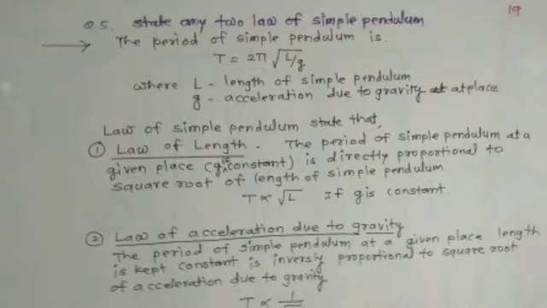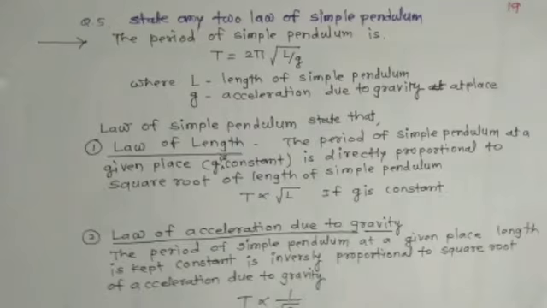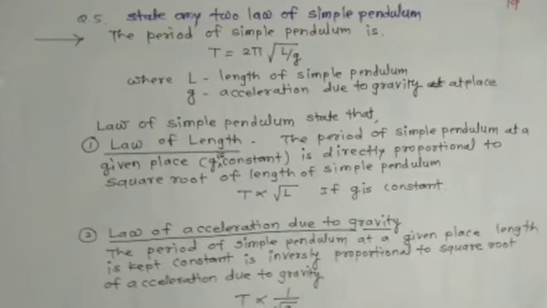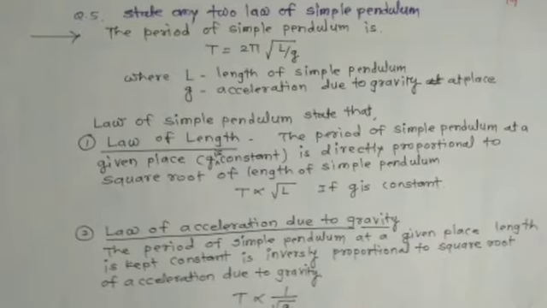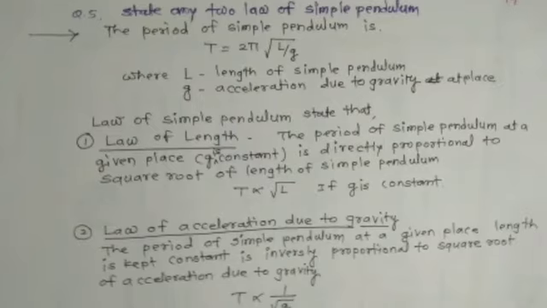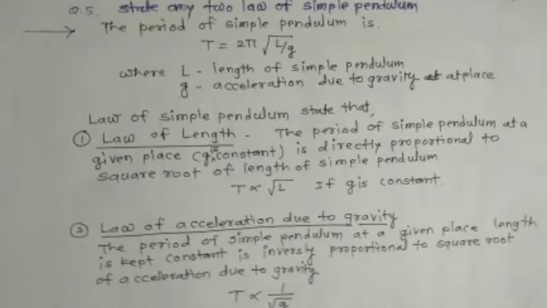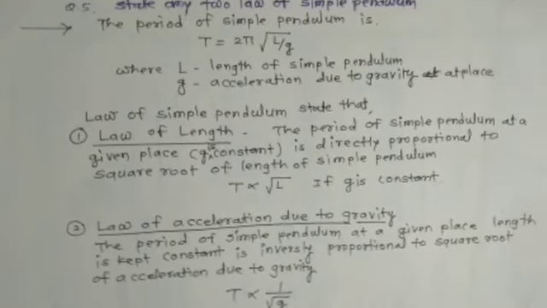Question number 5. State any two laws of a simple pendulum. So the answer is, we know the period of a simple pendulum is capital T equals 2 pi square root of L upon g, where capital L is the length of the simple pendulum and g is the acceleration due to gravity at the place.